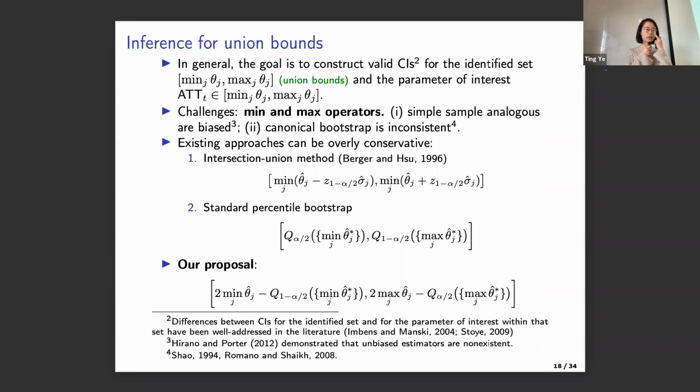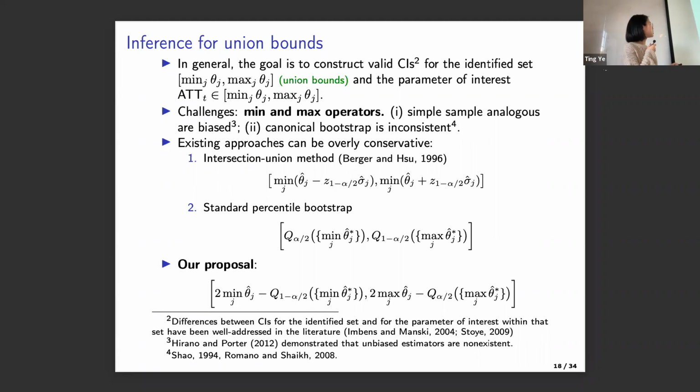The first one is the intersection union method. It's very simple. You take the lower confidence bound for every theta j, and then you take the minimum. By a standard argument, this covers the minimum of theta j. But you can imagine this can be very conservative if the theta j's are equal to each other, since then the minimum of theta j's is biased downwards.